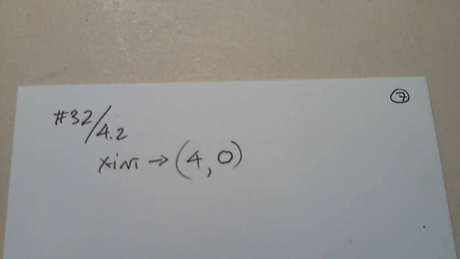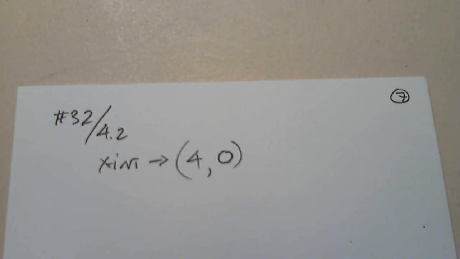The x-axis has the equation y equals 0. Any point on this line will have mandatory y equals 0. 1 comma 0, 2 comma 0, 3 comma 0, 4 comma 0, 5 comma 0, 6 comma 0, and so on and so forth. That's the x-intercept. It must have y equals 0.